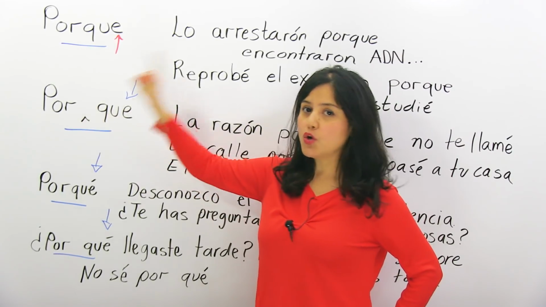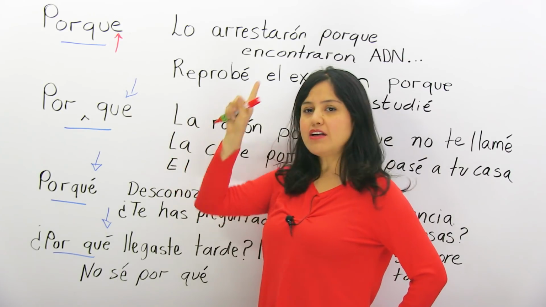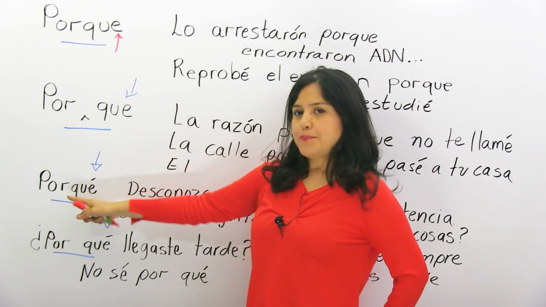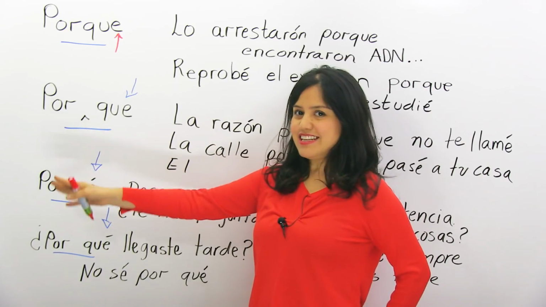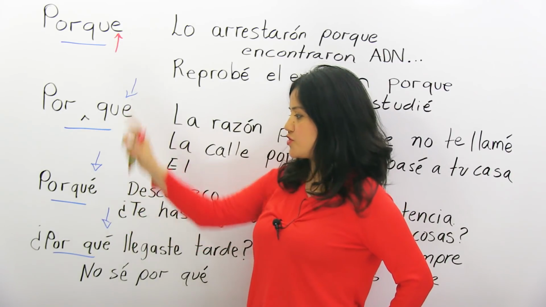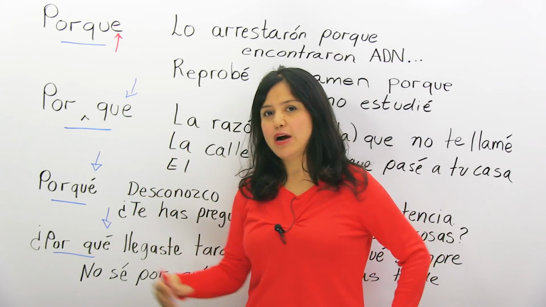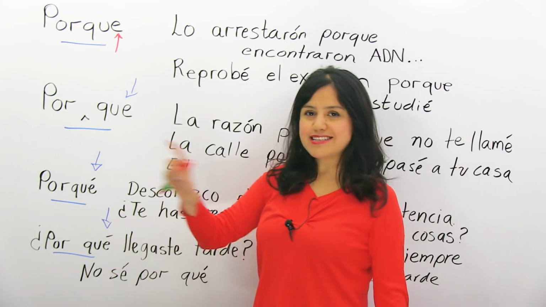Con espacio, with space, con espacio, sin acento, without accent. ¿Por qué? No space, sin espacio, con acento. With accent, no space. And finally, la última, por espacio qué con acento.